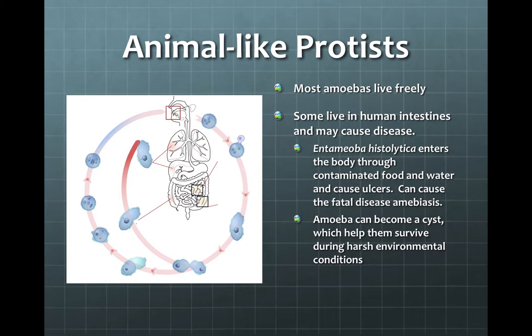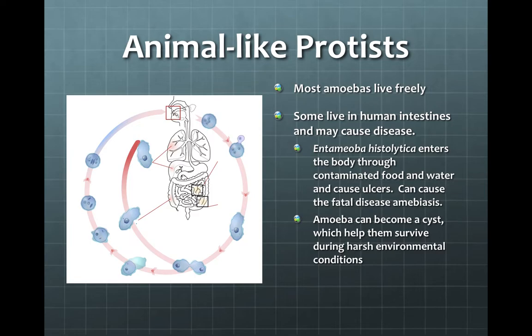All right. So this is still in Animal-Like Protists. Please make sure you're reading the book on this. This is a big section right here. Most amoebas live freely. Some live in human intestines and may cause disease. So like the Entamoeba histolytica enters the body through contaminated food and water and causes ulcers.